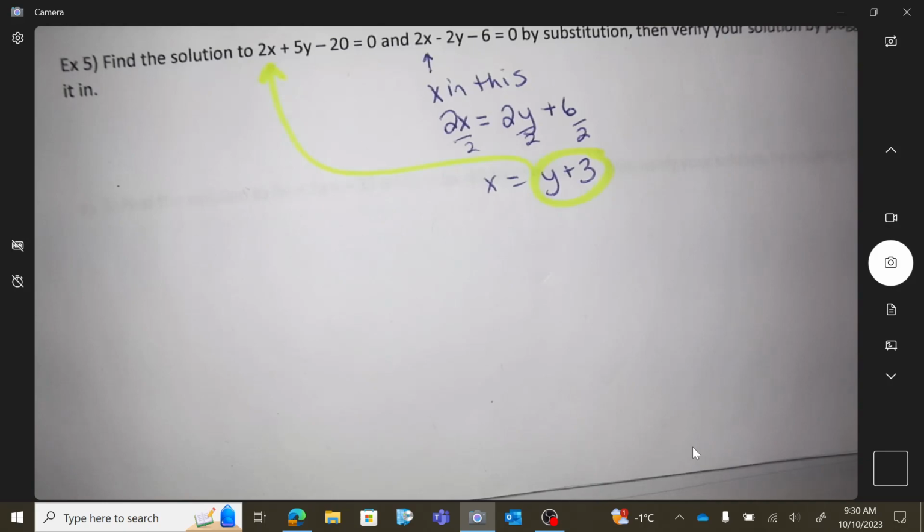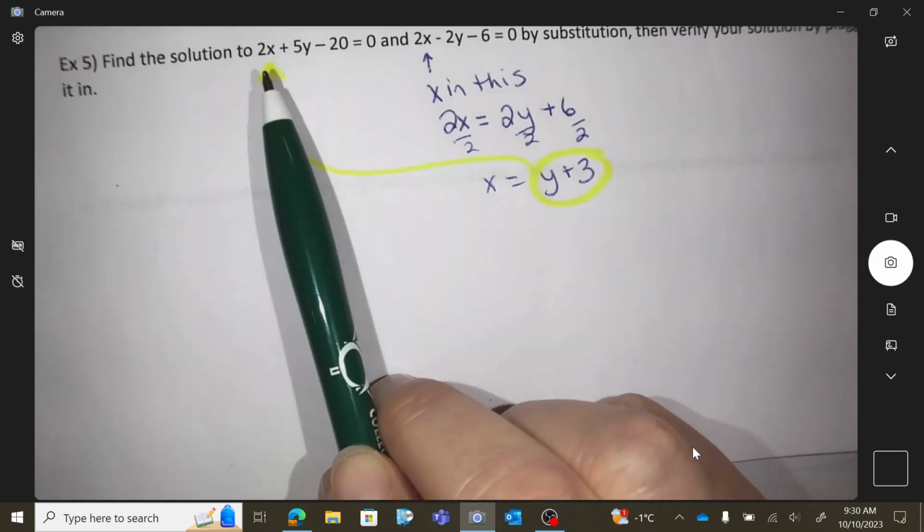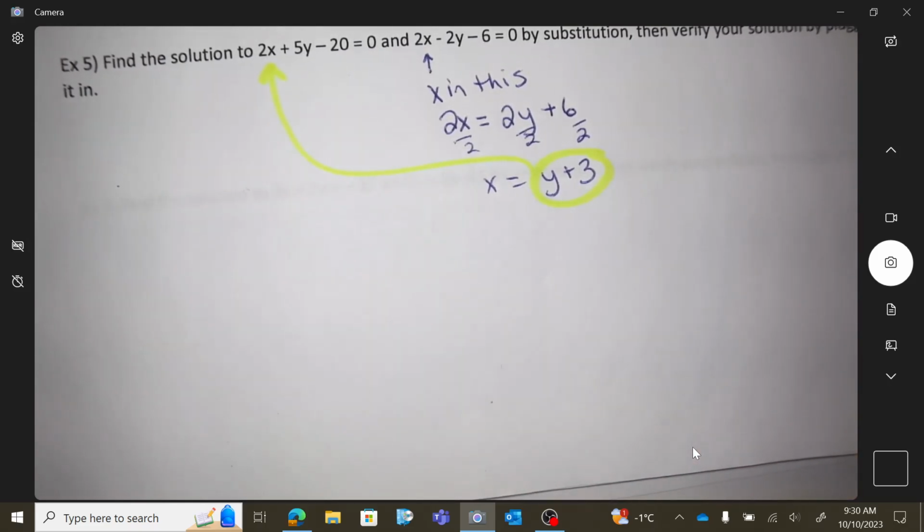So now I have an alone statement. Once I have an alone statement, now I can go through with the substitution stuff. So I want you to finish this one out on your own, and then we'll check. I'll leave it on the board and you can check. So you're substituting this alone statement in now for that x, okay?